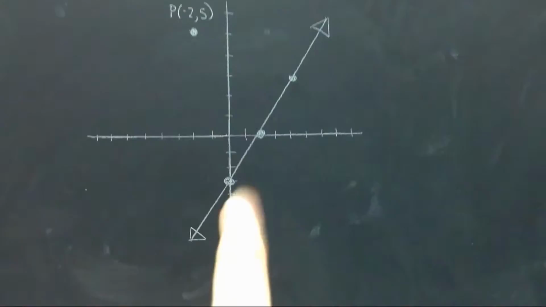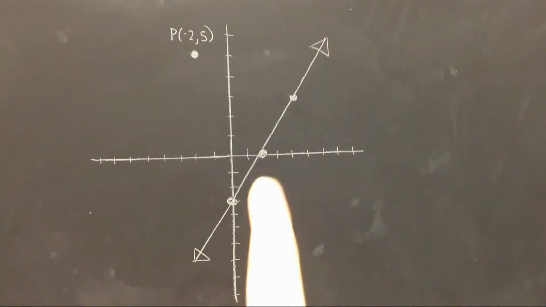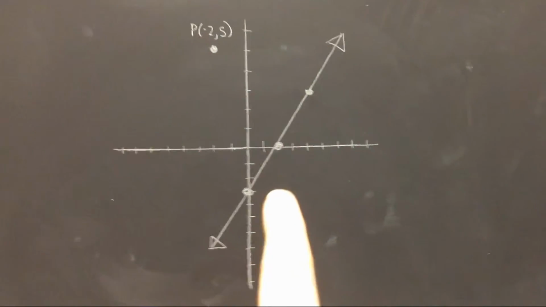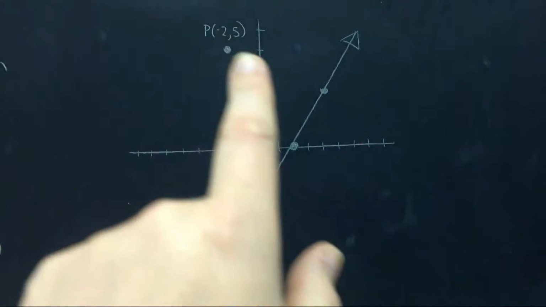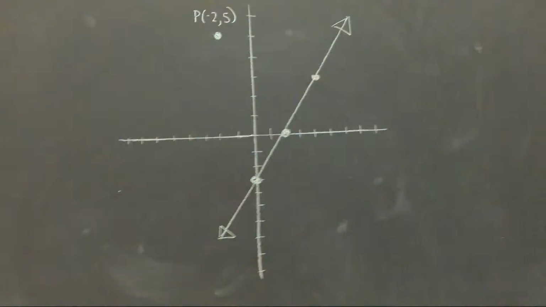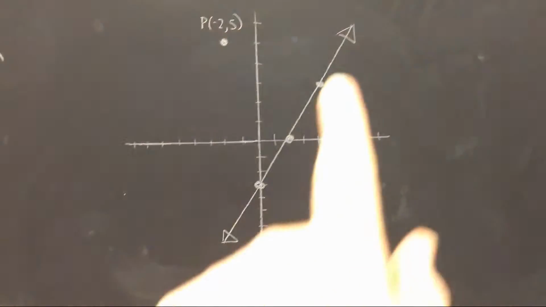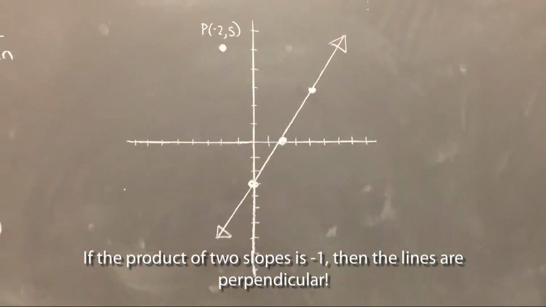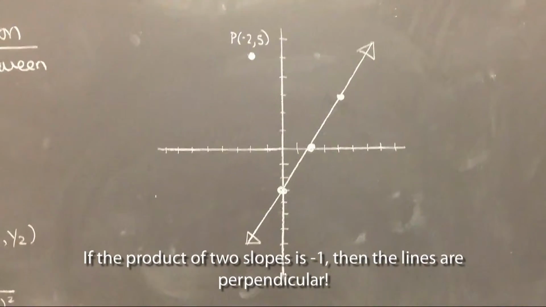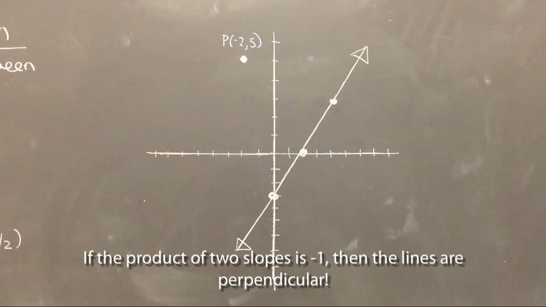Then what is the slope of that line? We're going to use a little fact that the perpendicular slope, which is what we're going to find, is the negative reciprocal of the slope of this line. In other words, if the product of two slopes is -1, then the lines must be perpendicular. So that's what we're going to do first.